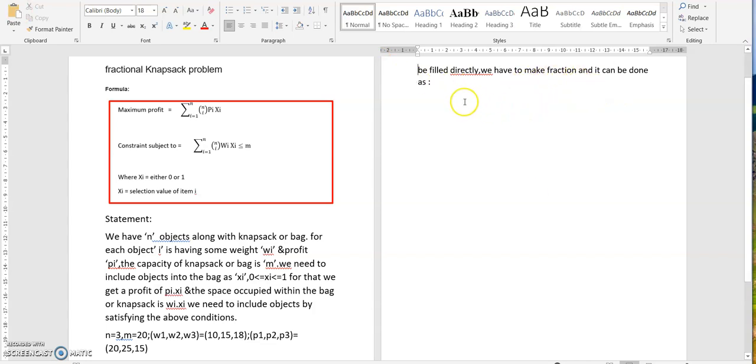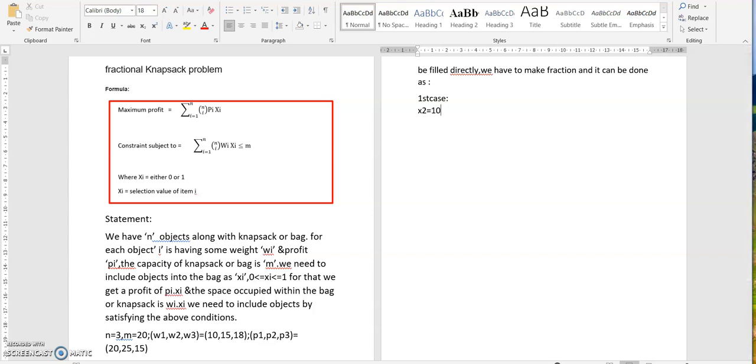It can be done like this: in the first case I take x2 equal to 1. In the second case, no. In the first case I have to calculate the value of x2. In the second case I have to take x3 as a fraction. In the first case x3 equal to 0. In the second case x2 equal to 0. x2 will be some fraction value.